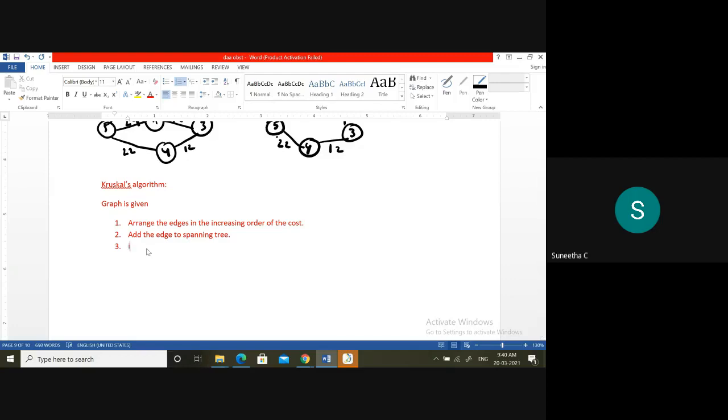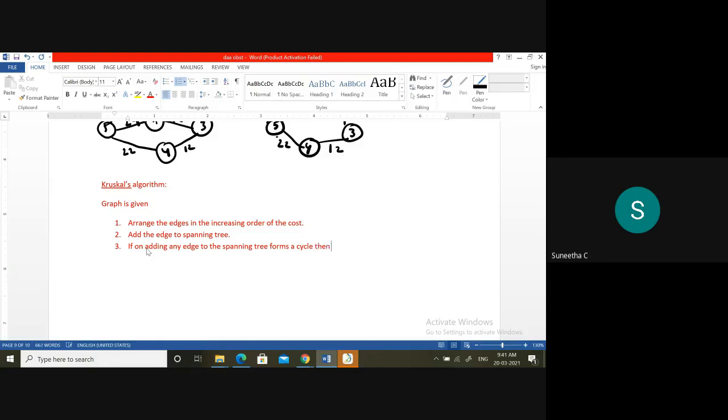If on adding any edge to the spanning tree it forms a cycle, then what do we have to do?